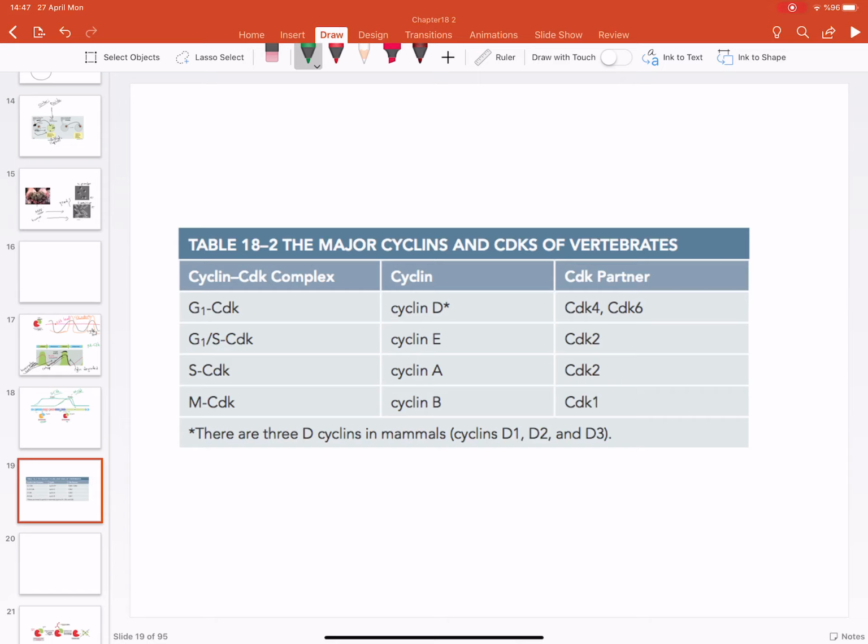What you're going to see is other names like cyclin A, cyclin B, E, D, and they have specific CDK partners. So whenever you're reading articles, and you're going to read articles about the cell cycle soon, you're going to come across these names. If you're not sure, you can come back and check this table.